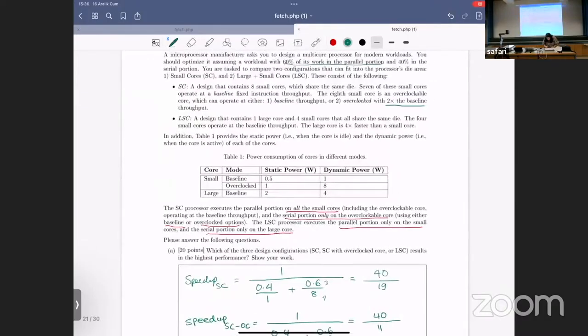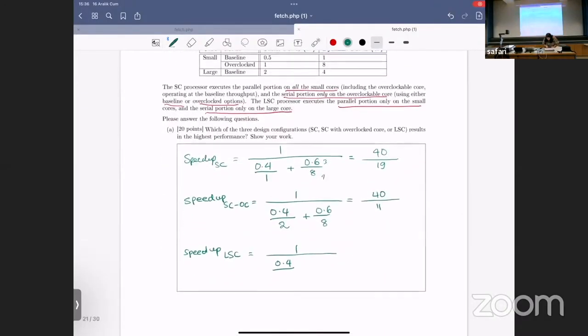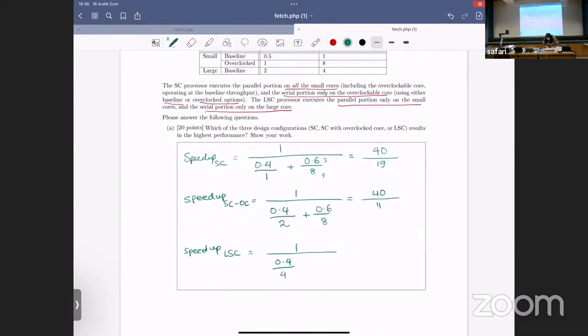So here we have that big core that was 4 times faster. So now everything's going to be fast in this case. But for the parallel part, we only have these 4 cores. And if we do the calculations, the 1 here will be 4.